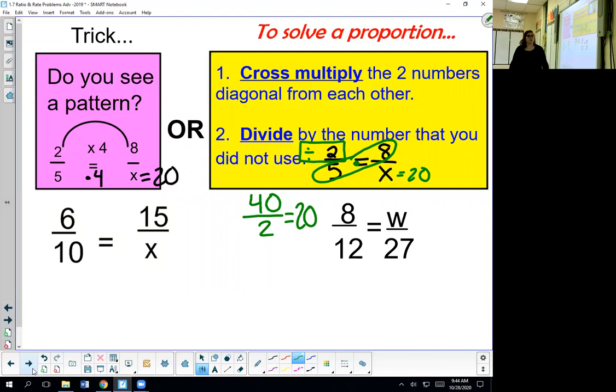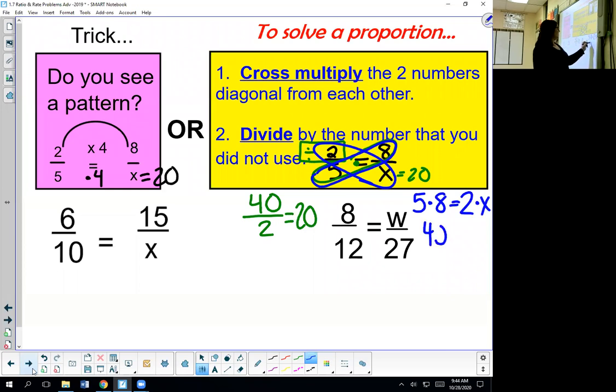When you get into algebra, you will learn that you can actually cross multiply both of them and you would get the same result. So when you change this into algebra, it would be 5 times 8 is supposed to be equal to 2 times x. 40 equals 2 times x.